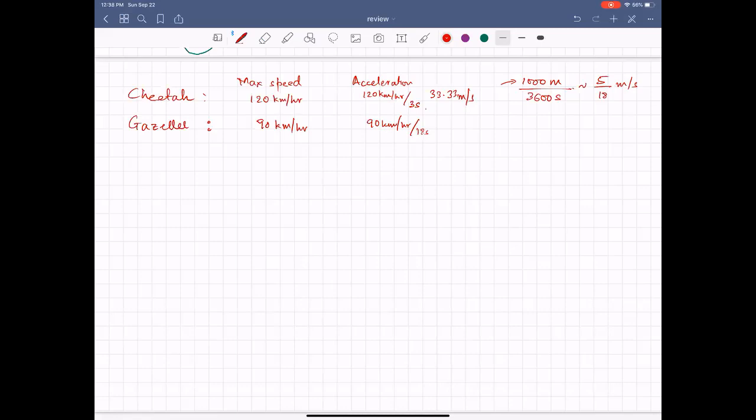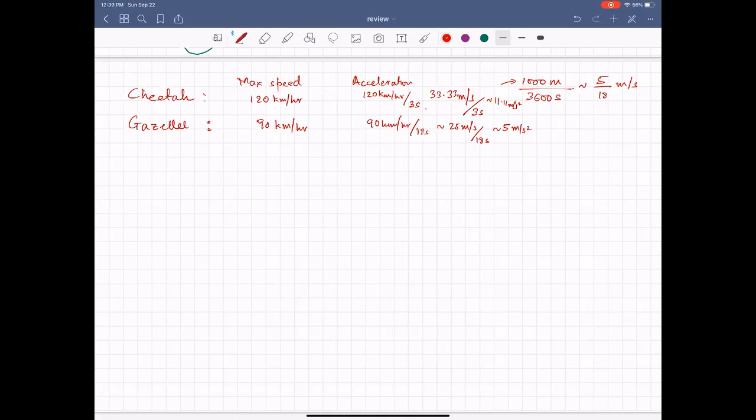The cheetah's acceleration is 33.3 meters per second divided by 3 seconds, which is 11.11 meters per second squared. The gazelle's is 25 meters per second divided by 18 seconds, which is about 5 meters per second squared. Okay, so I have all of this information.